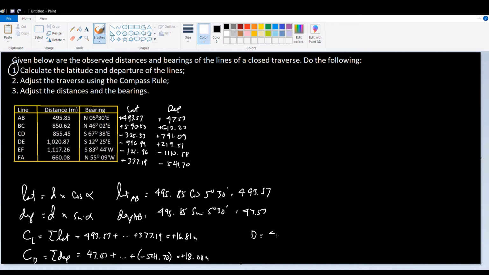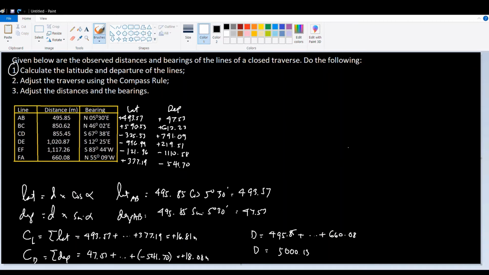That is 495.85 plus, and so on and so forth, up to 660.08, and that will give us a value of 5,000.13. You can verify that by adding all these distances.